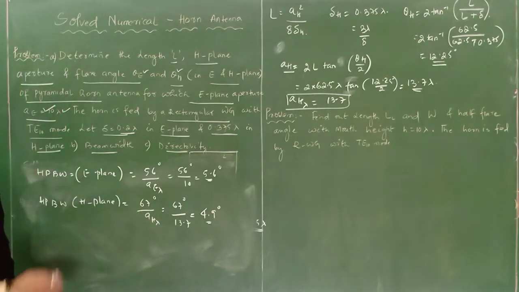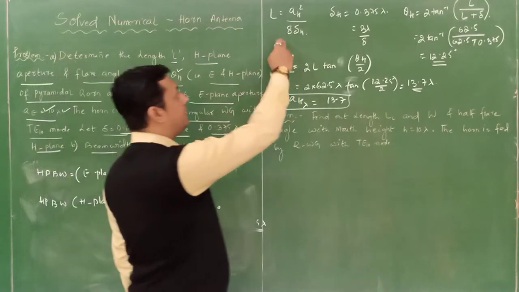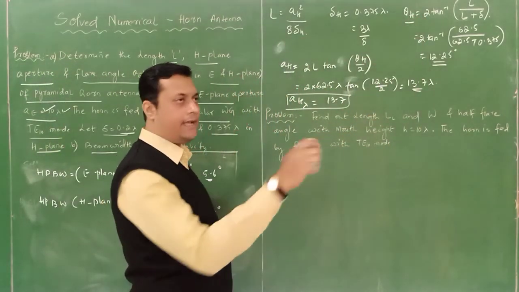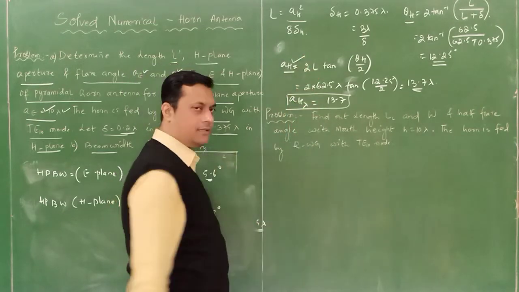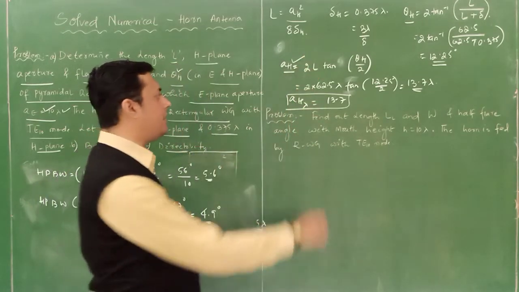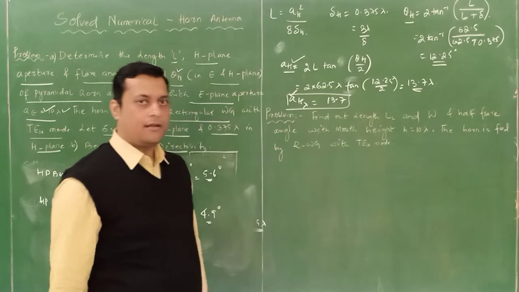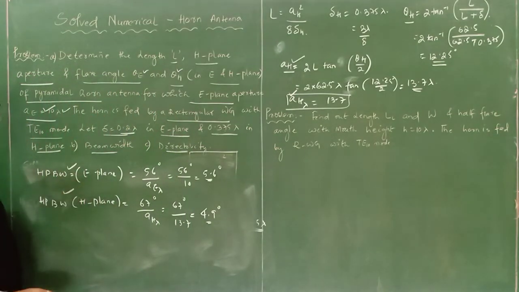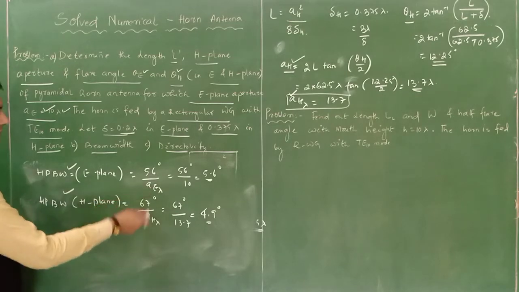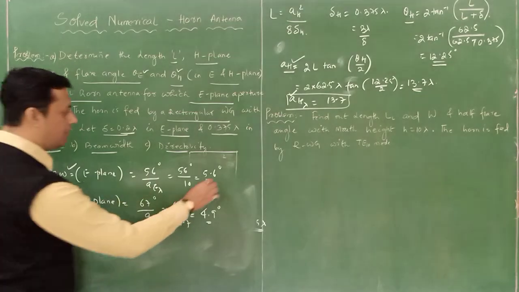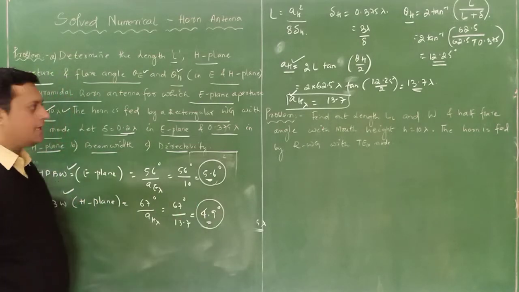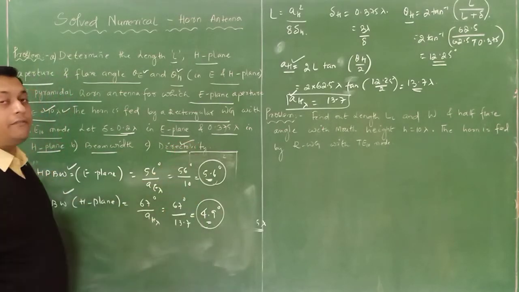So this is called our half power beamwidth. With the help of the length we have derived theta H. Once theta H is known we have derived AH, then AH by lambda and AE by lambda, and with the help of the relations, the half power beamwidth for E plane and H plane are 5.6 degrees and 4.9 degrees. And the last thing left is directivity.